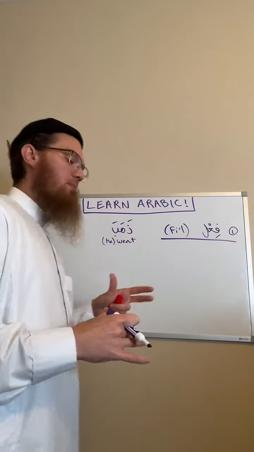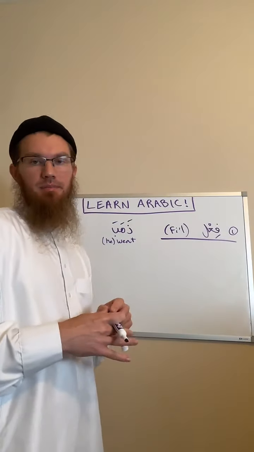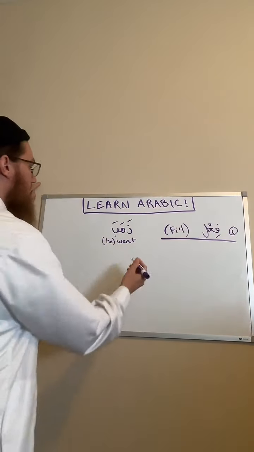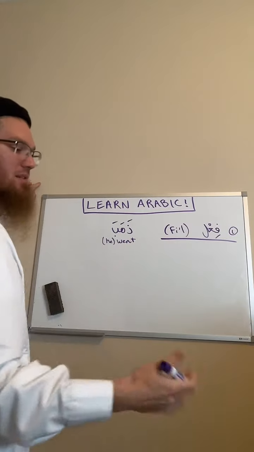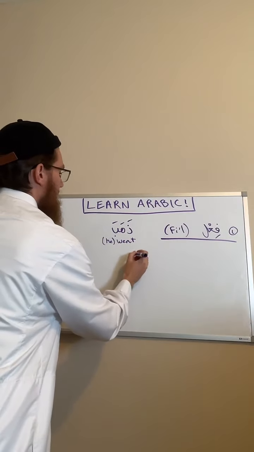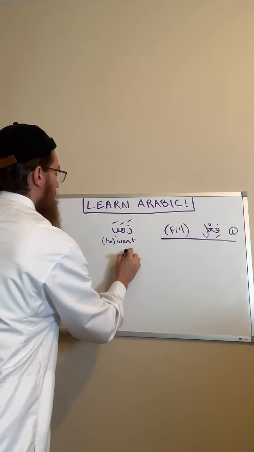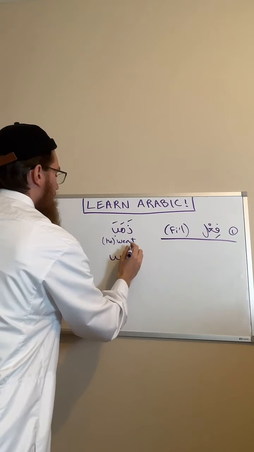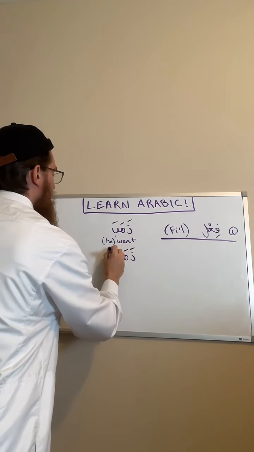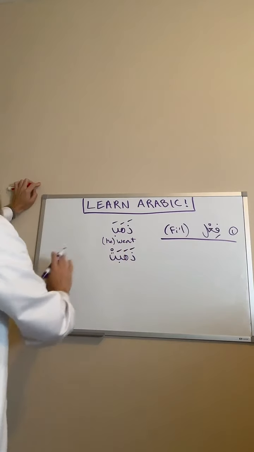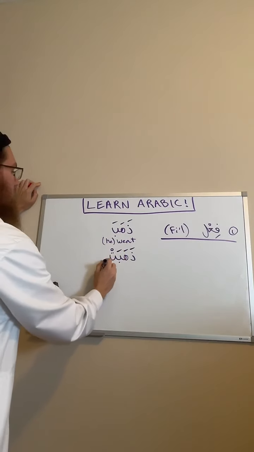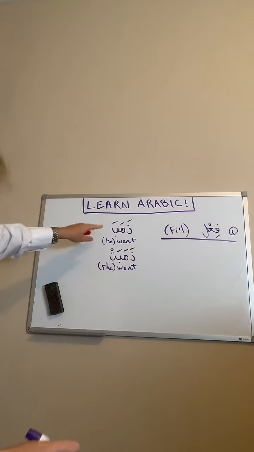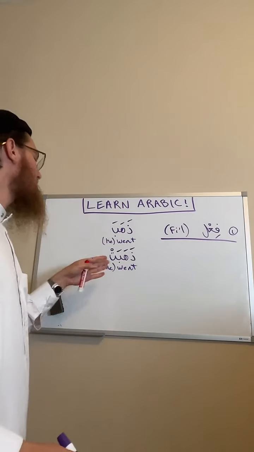What we want to do is start building our vocabulary. First we understand the different categories of words, then we build our vocabulary. For example, ذهب, we know it means he went. Something else interesting that we can add for those learning is ذهبت. ذهبت means she went. ذهب, he went. ذهبت, she went.